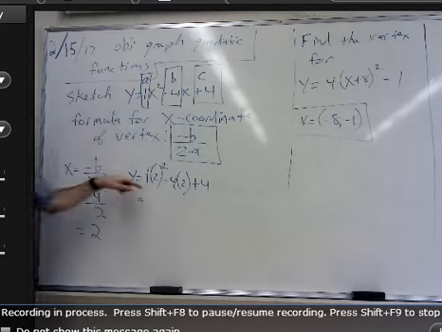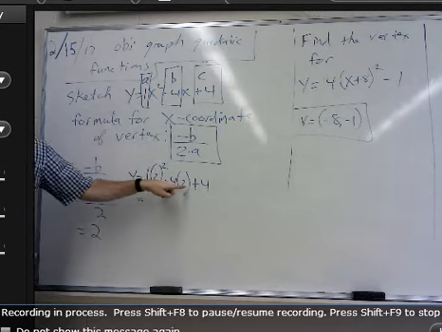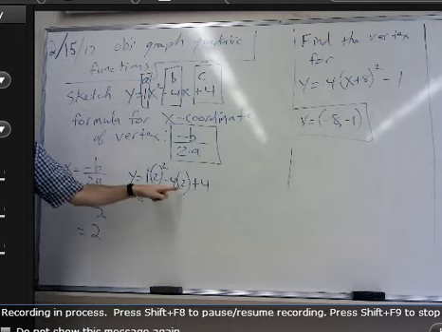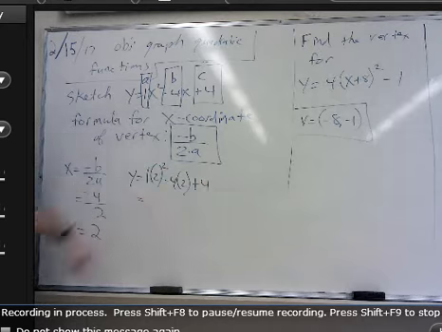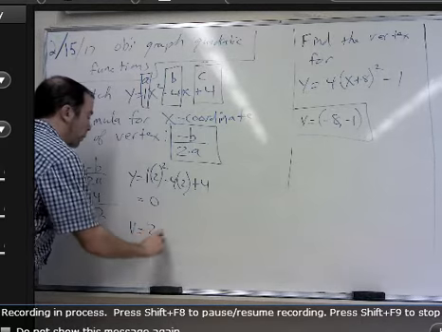So 2 squared, of course, is 4. Negative 4 times 2 is negative 8. So 4 minus 8 is negative 4. Plus 4 makes 0. So the y-coordinate of the vertex is 0. So our vertex is (2, 0).